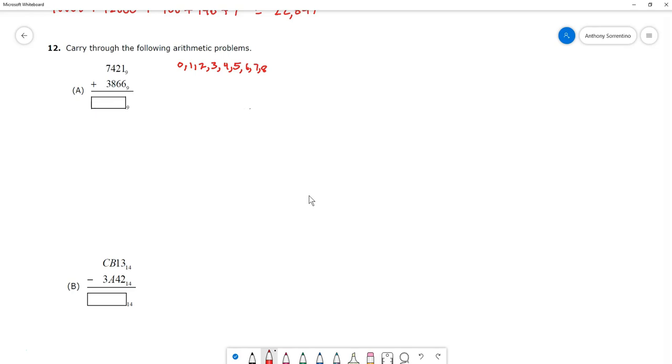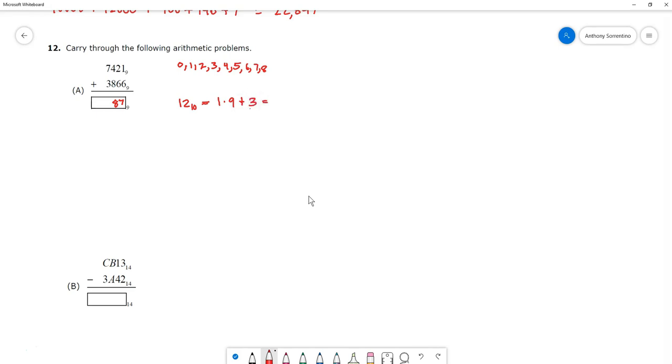If I do an addition like 1 plus 6 and I get 7, not a big deal because that's a number that's in here. 2 plus 6, 8. That works fine. When I get to 4 and 8 and I get 12 in base 10, well, 12 in base 10 would be 1 nine plus 3 left over.